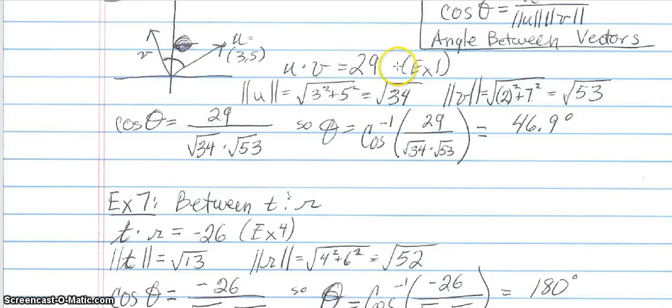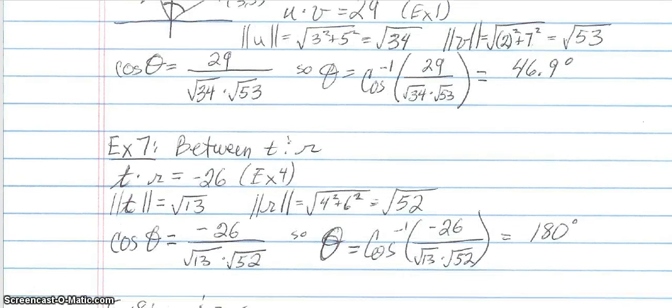We have the dot product from example 1, the magnitude of u, the magnitude of v. So the cosine of that angle in between is the dot product over the square root of 34 times the square root of 53. And then, of course, to get theta, the angle, we take the inverse cosine of that value. Boom. That's it.